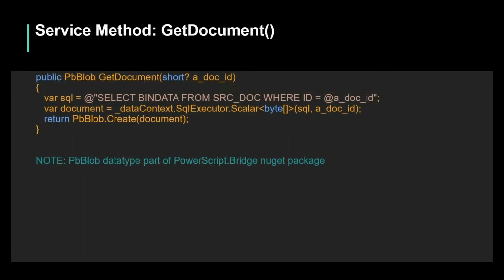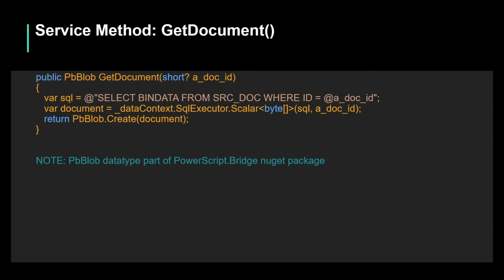The corresponding service method for this is pretty simple, but the main thing I wanted to highlight here is that it's returning a blob data type, essentially, but Appeon in their SnapDevelop documentation calls this the PB blob.